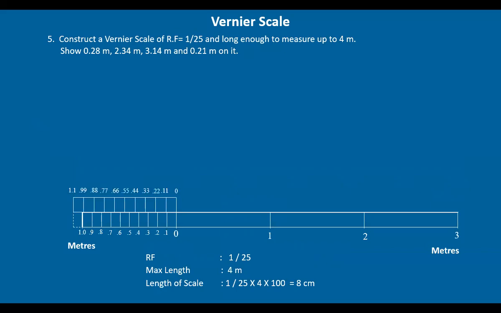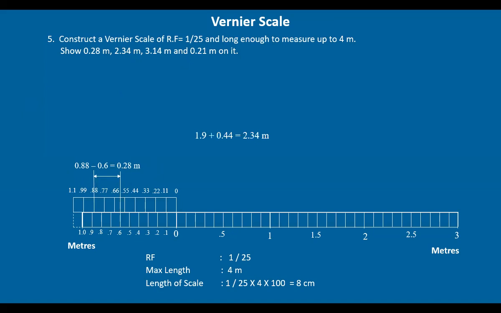You get a 0.11, 0.22 like that. And here, suppose I want to show 0.28 meters, that is 0.88 minus 0.6 gives 0.28 meters. So 0.6 is taken in the bottom scale, 0.88 on the upper scale. The gap is, this length is 0.28 meters.